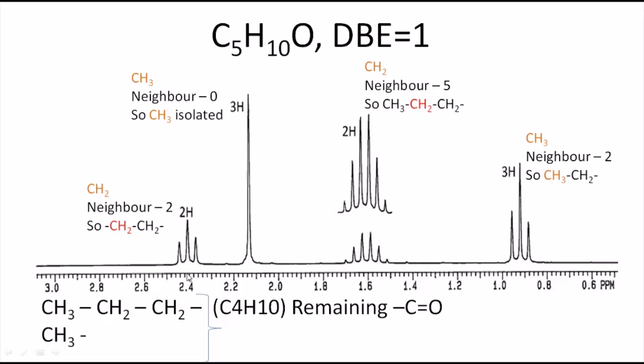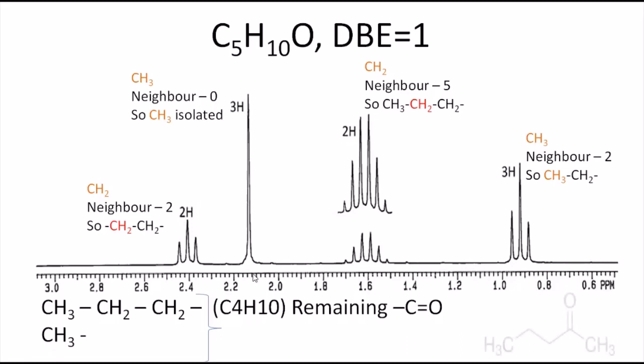This is where you have to connect the carbonyl group to the CH2, and therefore I am going to connect the carbonyl here. Okay, and this CH3 is also connected to the carbonyl, and therefore the CO group is connected between the CH2 and the CH3, and that is visible by this chemical shift value.